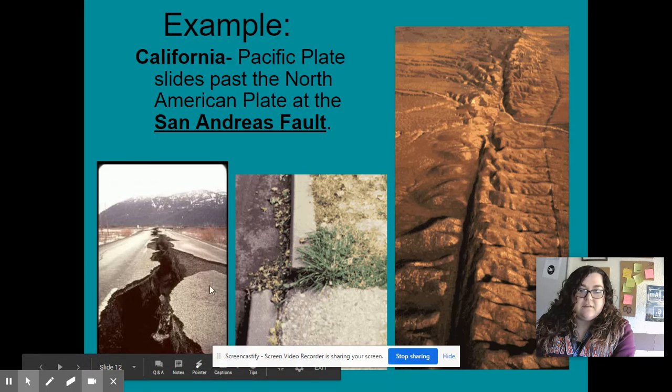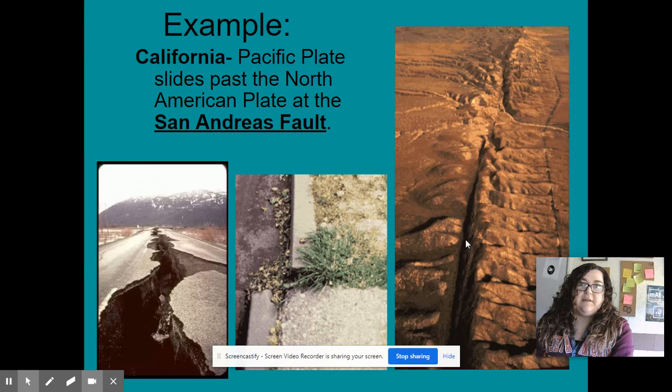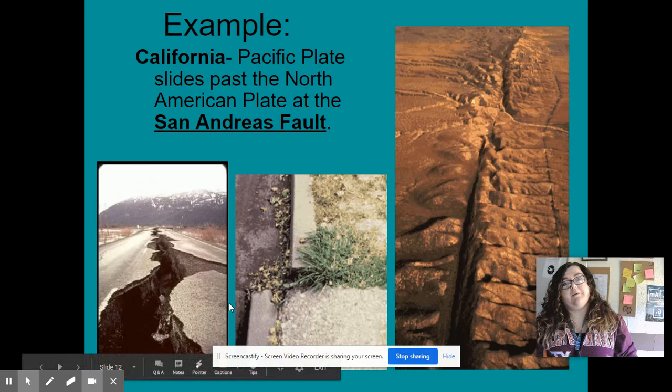Clearly you can tell that this fault line has gradually moved this. So these movements can be large scale like this, or over time small scale like this. Another example is fence posts that are displaced. Those are small scale over time.